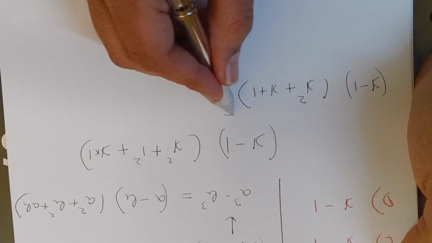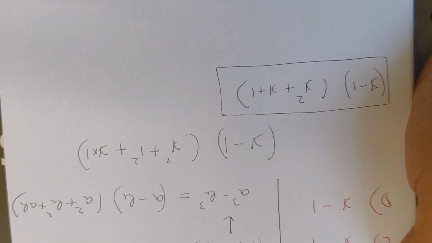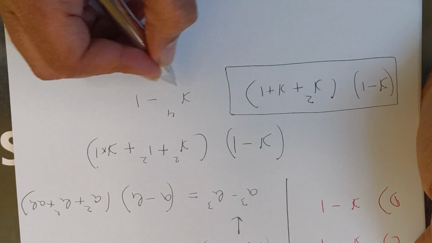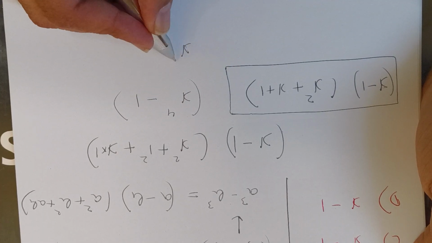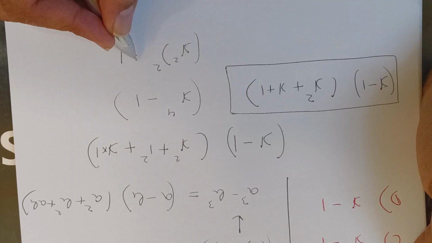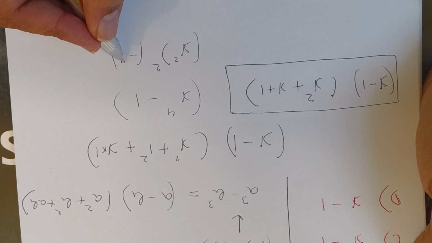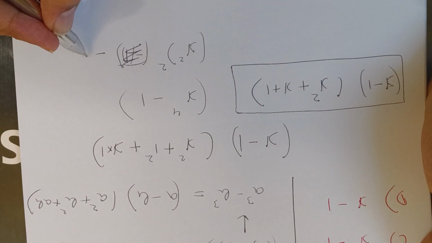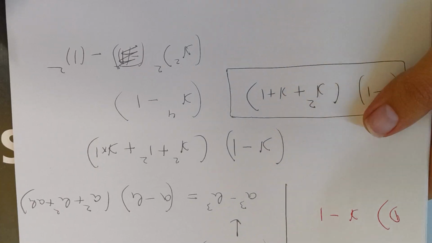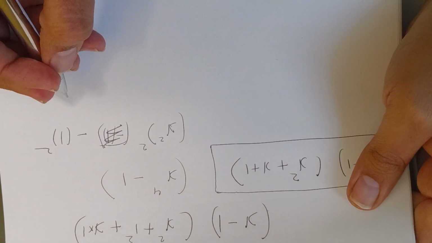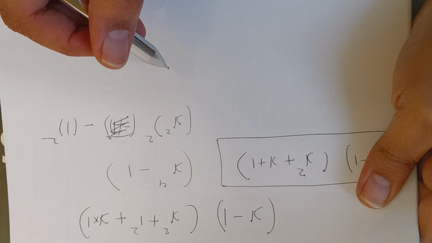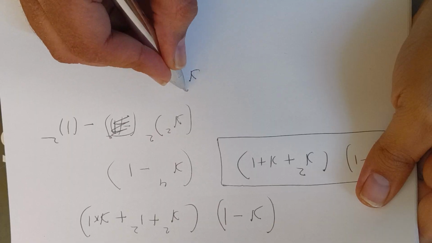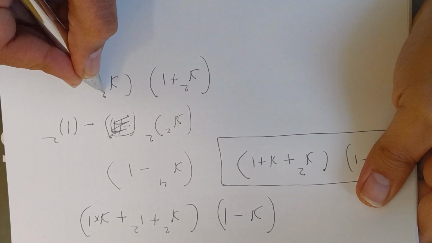Now let's factorize our second number, which is x4 minus 1. We can write this as x square minus 1 square. So now here we can use the formula a square minus b square, which is a plus b into a minus b.